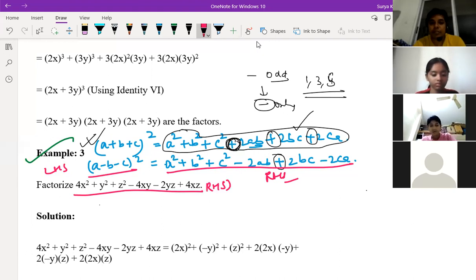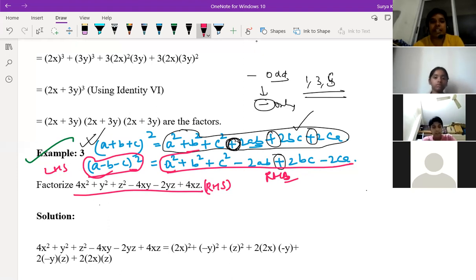Sir, a square plus b square minus 2ab is written on the left hand side, sir. In this factorized question, we have to bring the answer in LHS form. If it is mentioned in RHS type, we have to bring the answer in LHS type.